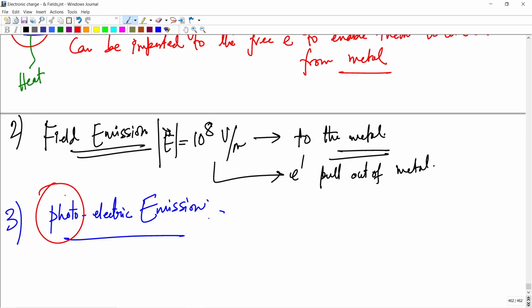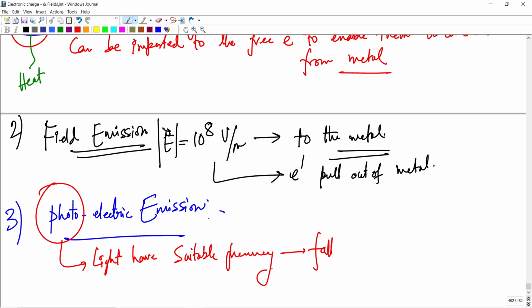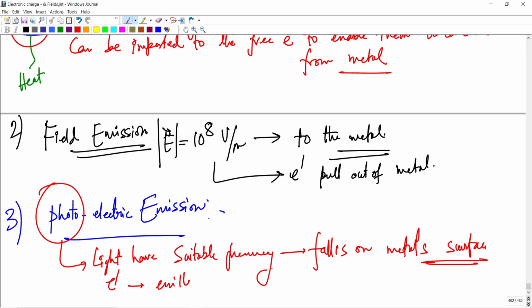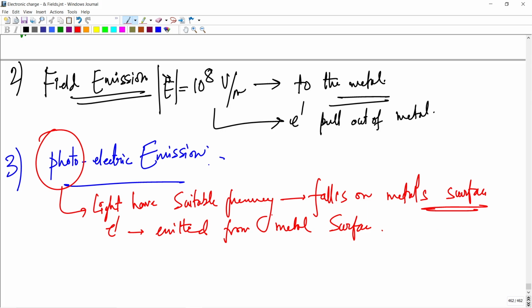When light of a suitable frequency falls on the metal surface, and the metal has free electrons, these electrons are emitted from the metal surface.